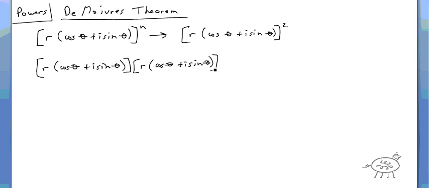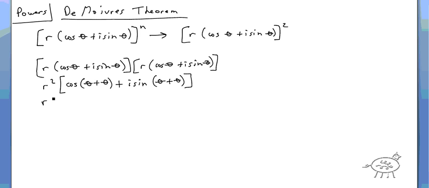Now these thetas are the same, so it's using the product theorem. It's r times r, so we're going to get r squared. And then what do we do with the thetas? We add them together, right? That's what the product theorem is. So it's really going to be cosine of theta plus theta, plus i sine, same thing, add them together, theta plus theta.